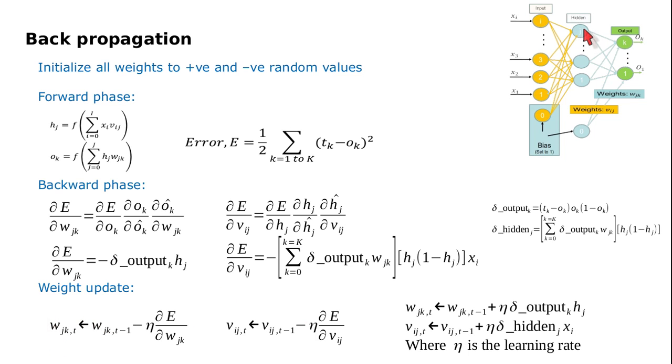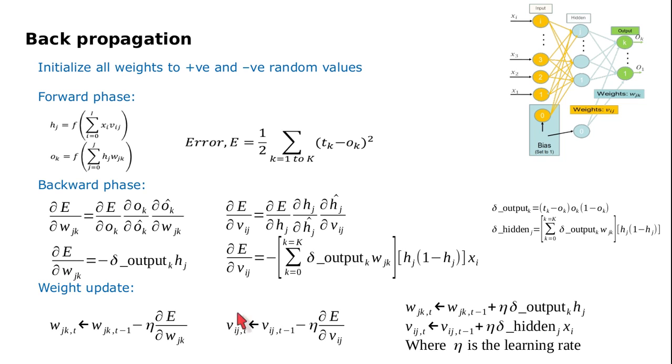So the weight of the hidden layer to the output layer, that is wjk, is given as: the new value of wjk is equal to the old value of wjk minus learning rate multiplied by the partial derivative of the error with respect to wjk. Similarly, the weights which the hidden layer uses to generate its output, that is the weights Vij, are updated like this.